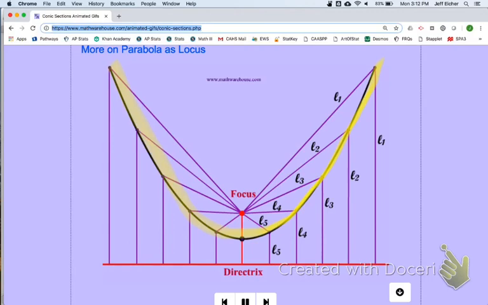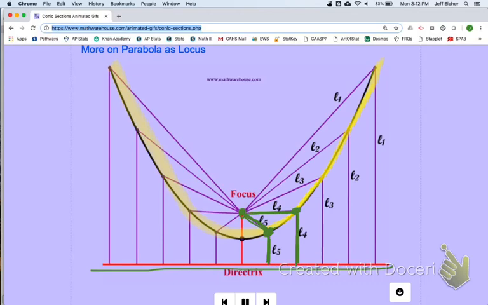A parabola is the set of all points, so like this point is on the parabola, that are the same distance away from a focus. The fixed point here is called the focus, so this distance is the exact same as this distance, the distance from the point on the parabola to a line, and that line is called the directrix. So every point on the parabola is the same distance away from the focus as it is from the directrix.